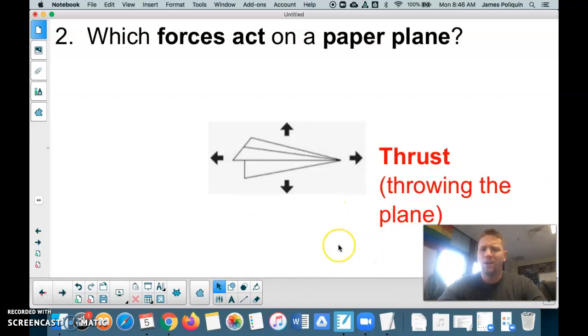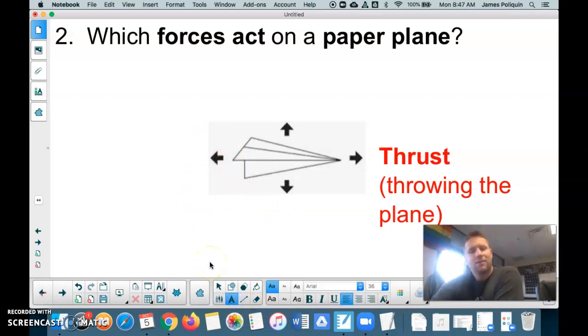But what you find is that after you throw your plane, it might slow down. What causes that plane to slow down? Well, it's that pesky little backwards force. So many engineers are trying to figure out how to make that force very, very small.